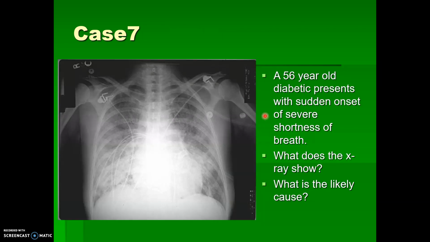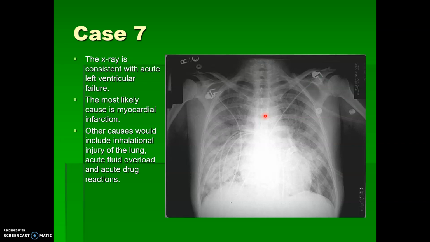A 56-year-old diabetic with sudden severe shortness of breath. Pause the video. Tell me what this X-ray shows and what you think is the likely cause. So this X-ray would be consistent with acute left ventricular failure with the typical bat wing appearance of the fluffy perihilar infiltrates, and actually also cephalization of the blood vessels.